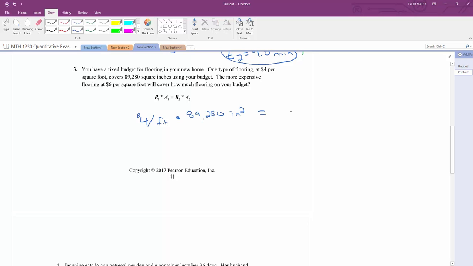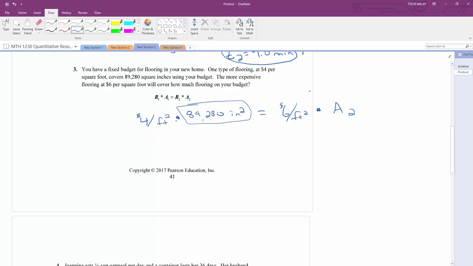This would equal the $6 per square foot times A2, area 2. Notice here that my price is in dollars per square foot, but my area is in square inches. That's okay because I have the same units on both sides.